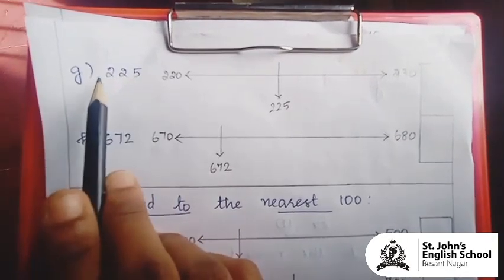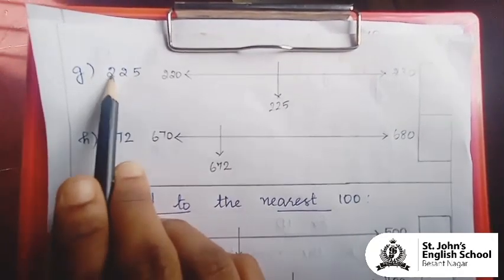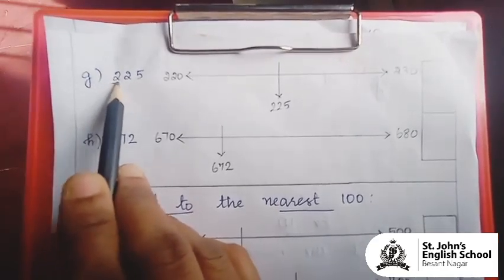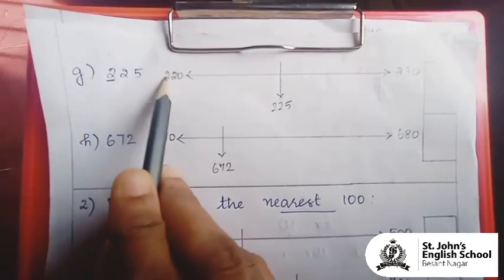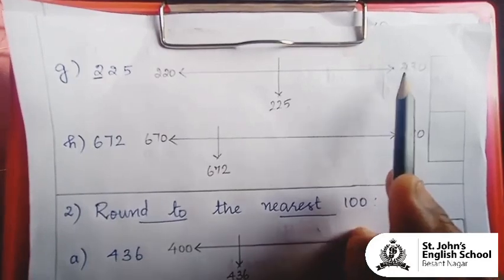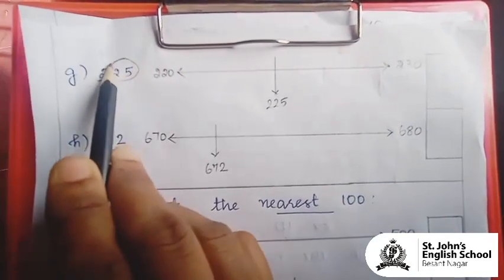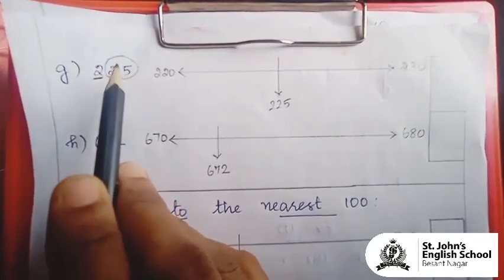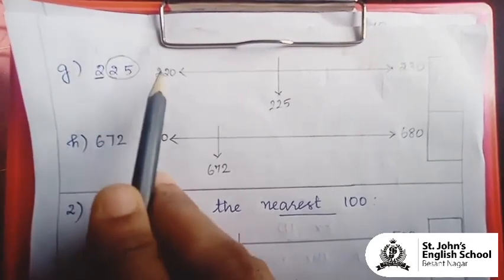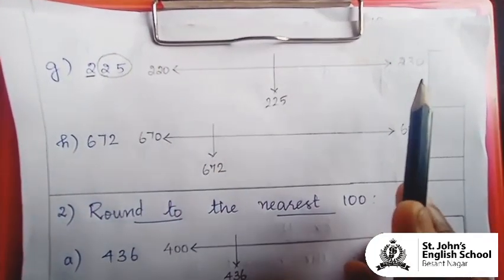The next sum, 225. Do you remember this 200? This 2 is there in the hundreds place. There is no change at all. So this 25 is there in the tens place. This 25 is between 20 and 30.